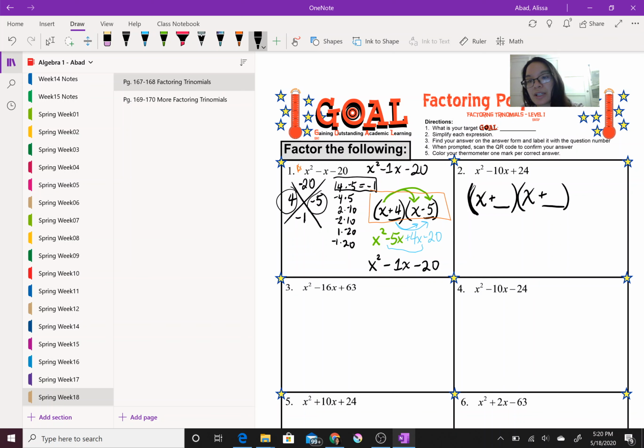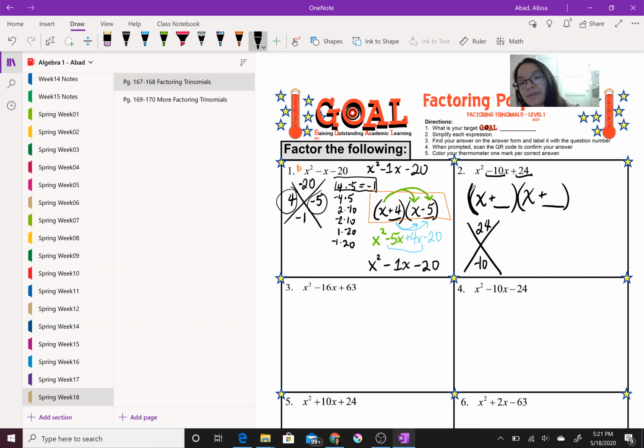This one here, I'm dealing with negative 10 and 24. So I'm going to have negative 10 as my sum. I'm going to have 24 as my product. What numbers multiply to get 24 and add to make negative 10?